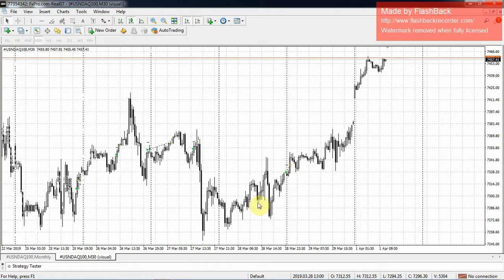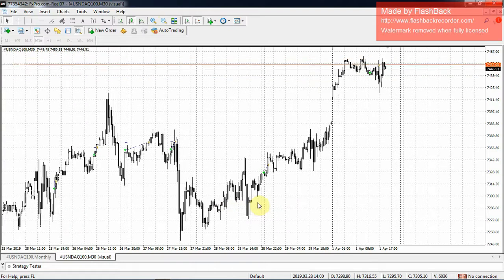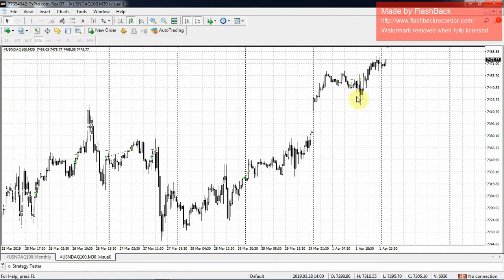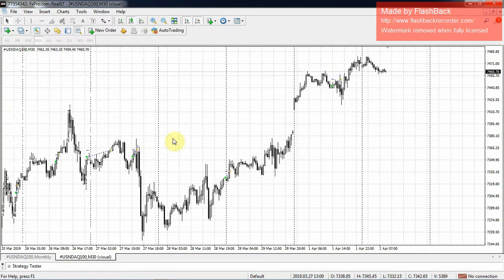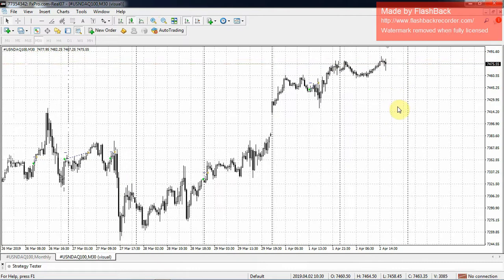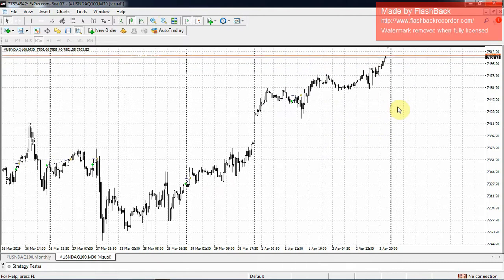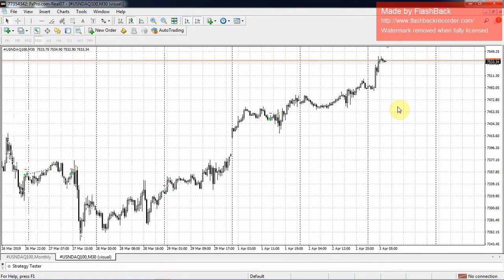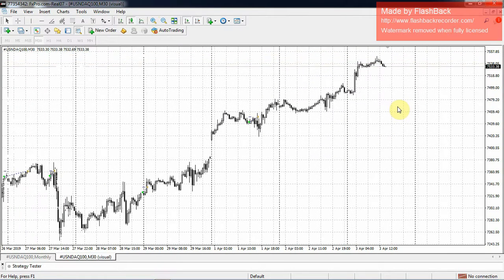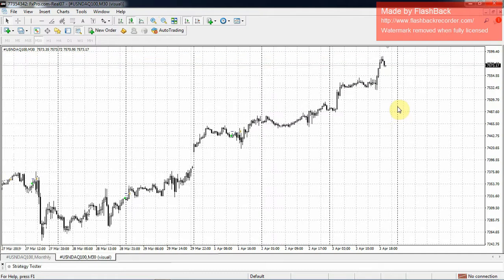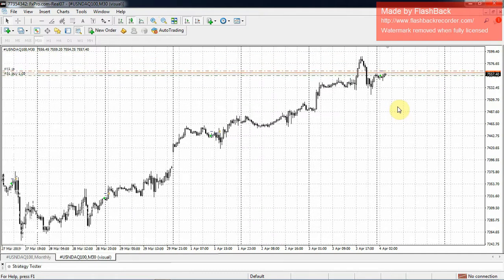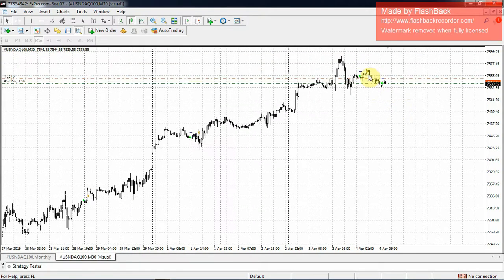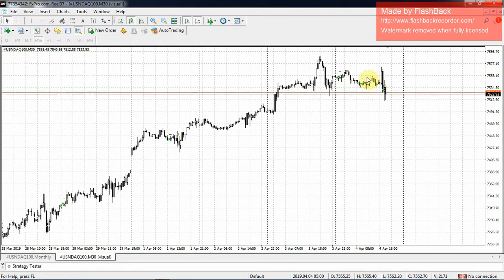Let's see how the trades are coming in. That's another trade there, and another. On some days we'll have a few trades, on some days we won't have trades, like on that day, and on some days we'll have 2 trades, 3 trades. That's another trade, another trade.